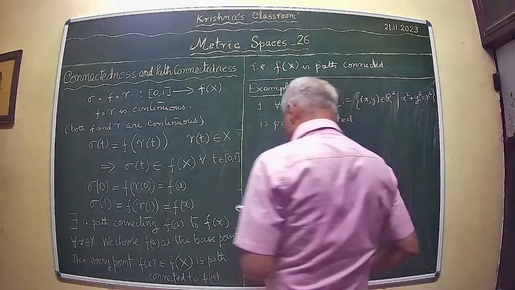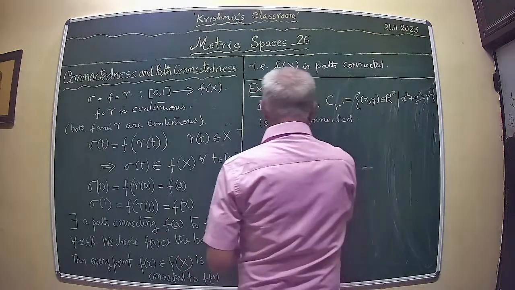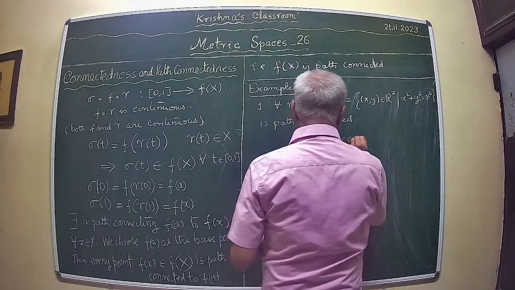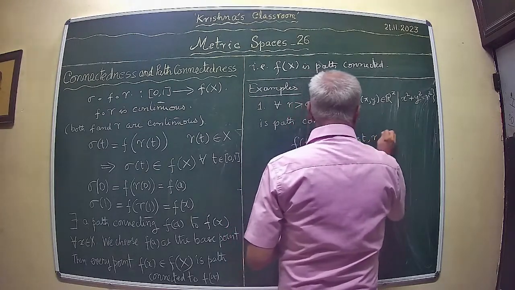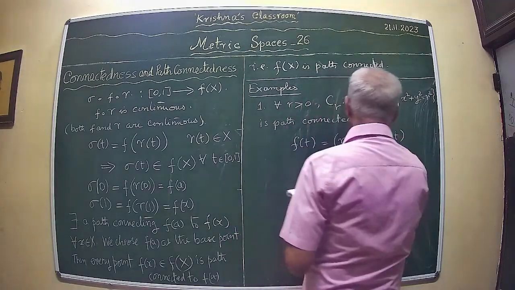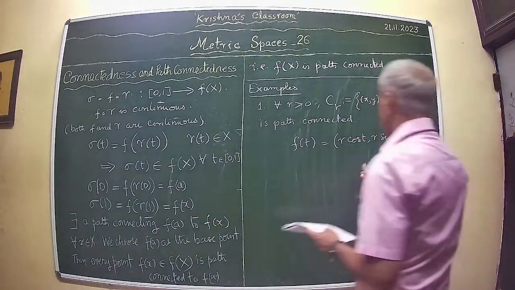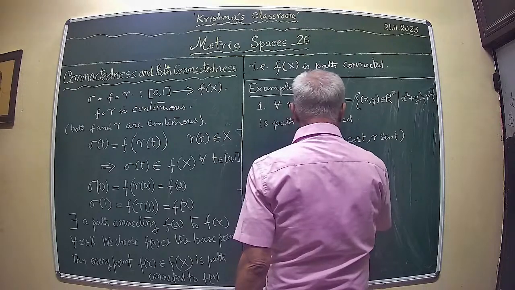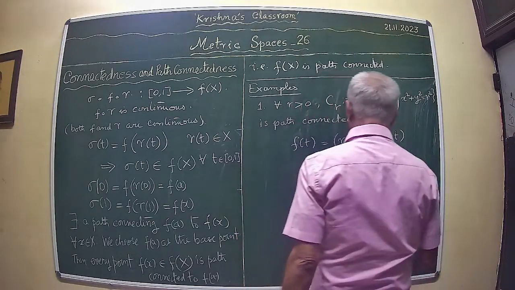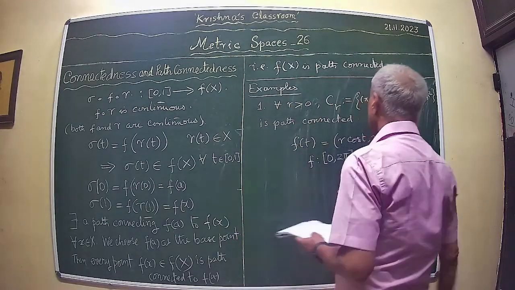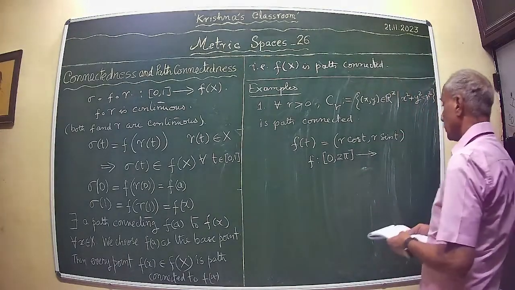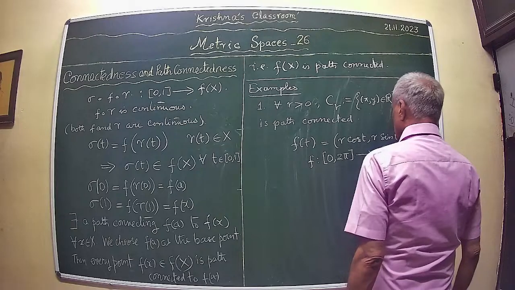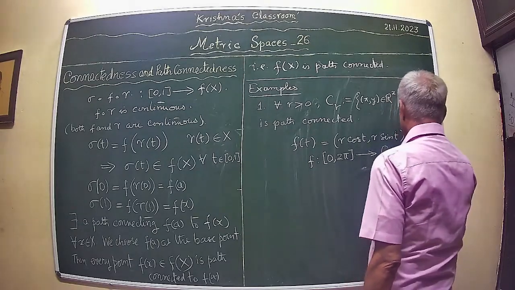because all that you need is to look at this function f(t) defined by r cos t, which is a continuous function. F from the interval to the circle C_R is continuous.